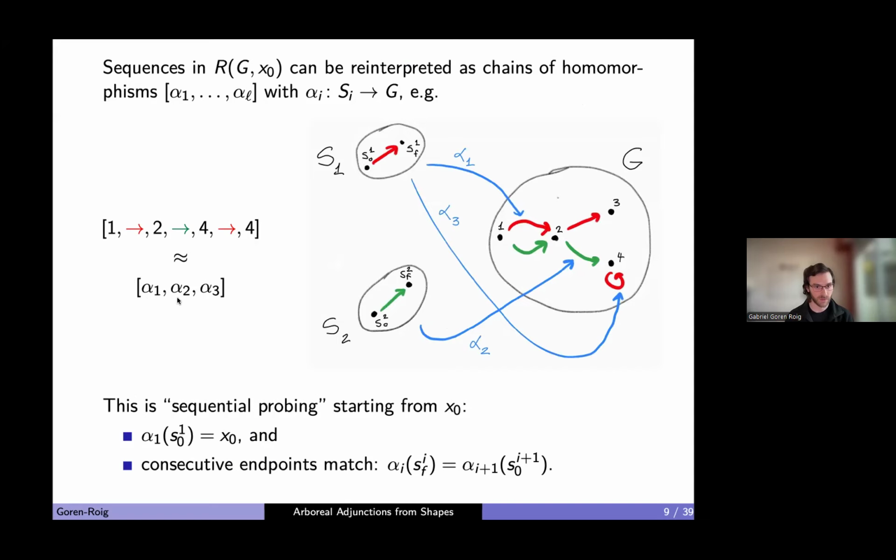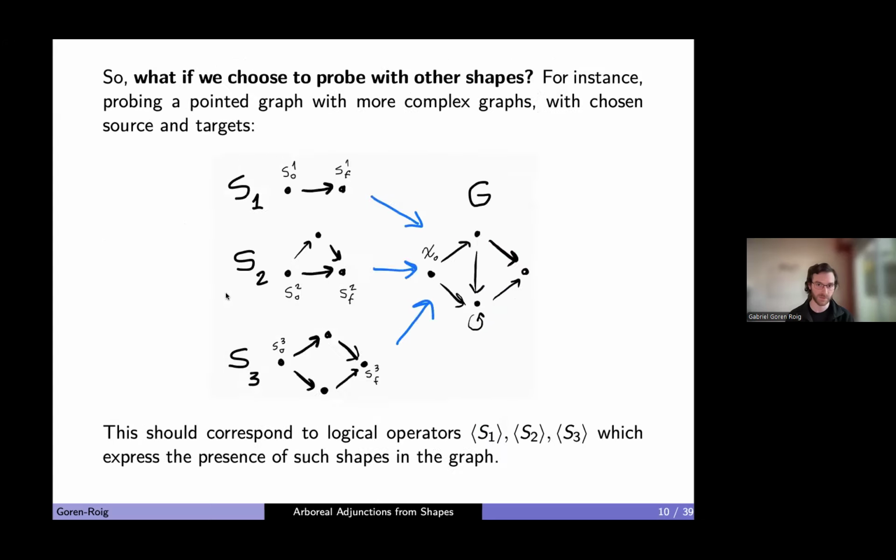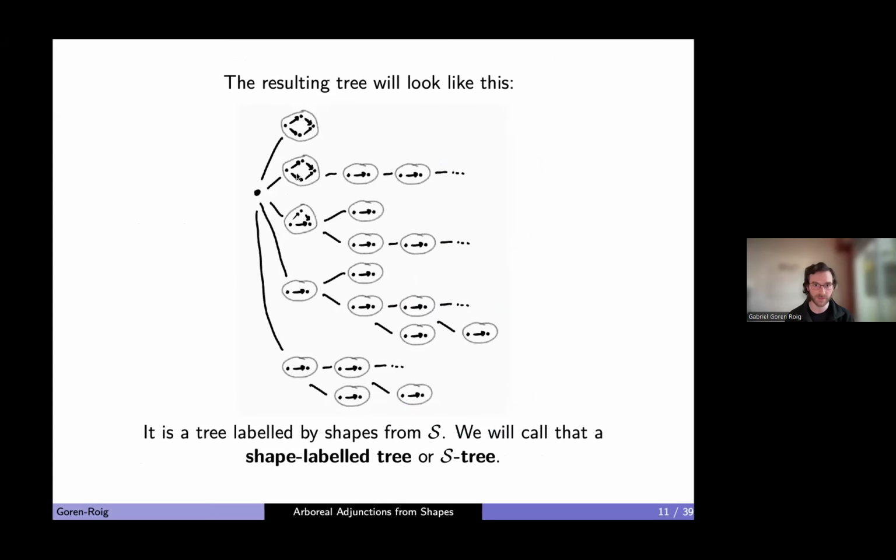Each node is a sequence, but I am representing it by looking at the domain of the last element of the sequence. So where I place each of these shapes here, these are the domains of the last element of the sequence. That's how I am drawing them. I don't know if that answers the question. So you have a child node if it's attached to the end of the previous node.